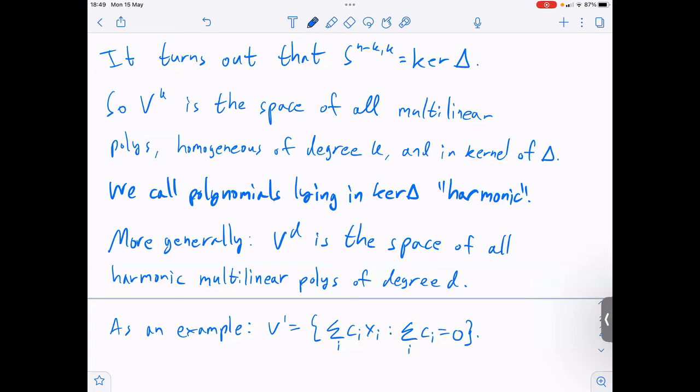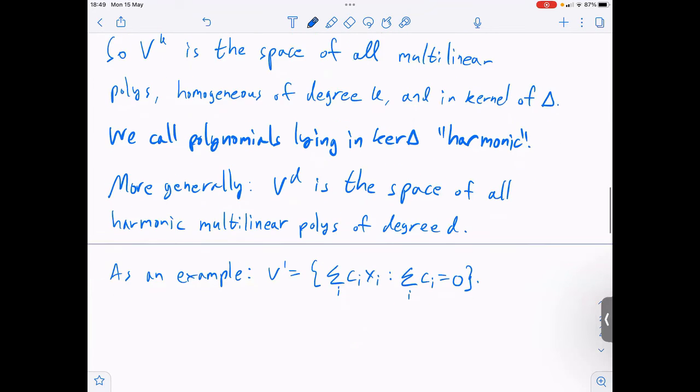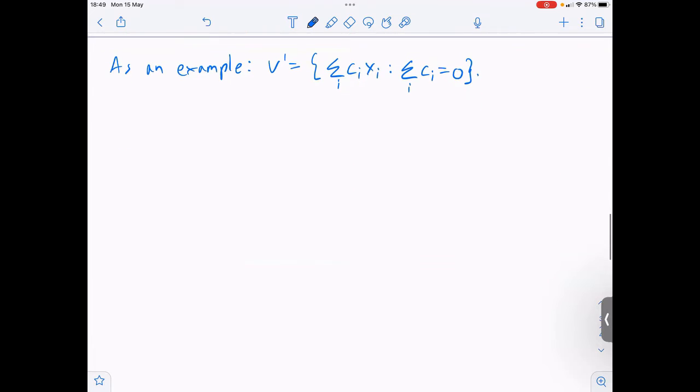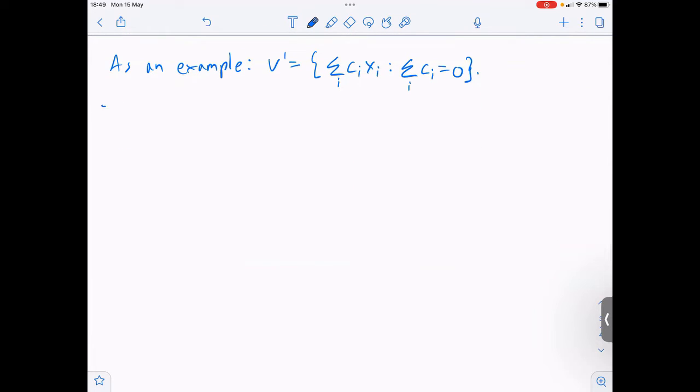Okay, so let me move on. So this was Dunkl, and now we're going to do the same thing more generally using ideas of Stanley.